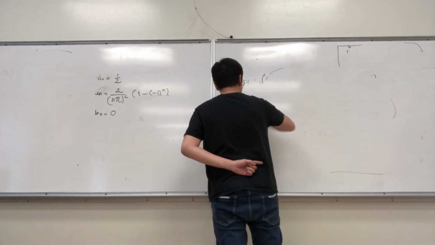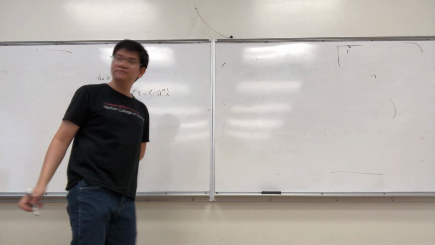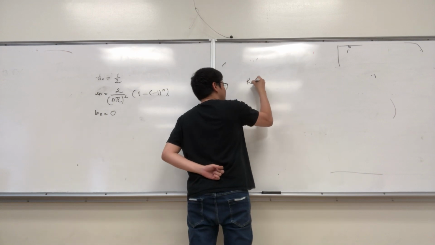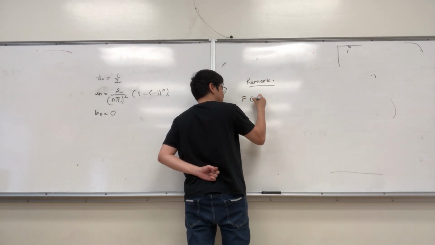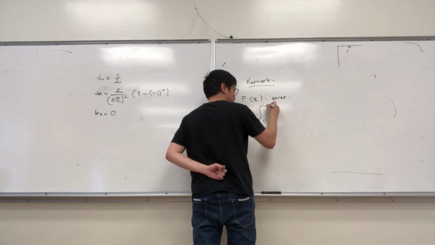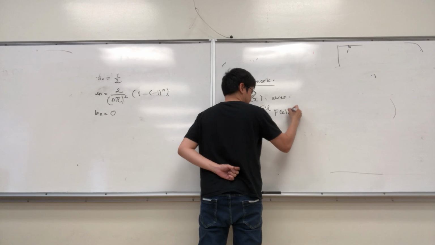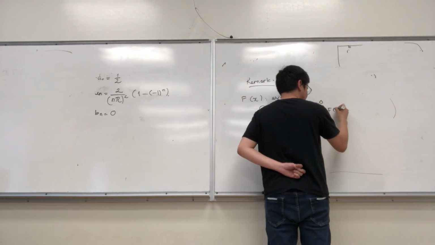All right, so I'm going to put some remarks on the theorem that we have remarked. If f is even, then the integral from 0 to L of f(x) dx is the integral from -L to 0 of f(x) dx.